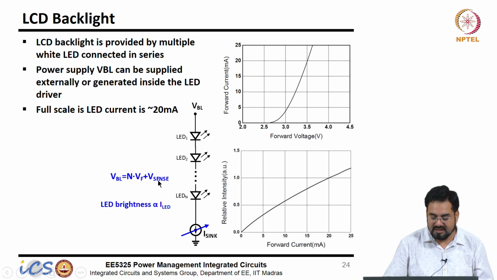The total backlight voltage required on the top of the first LED will be n times the forward voltage of each LED plus V-sense. V-sense is nothing but the voltage across this current sink. LED brightness is proportional to ILED, so you can see here intensity. By controlling the current, you can control the brightness of your display.